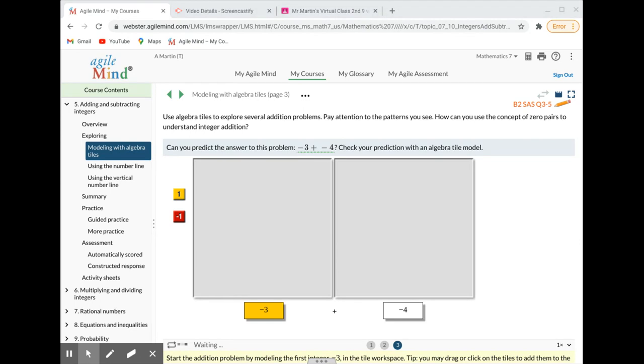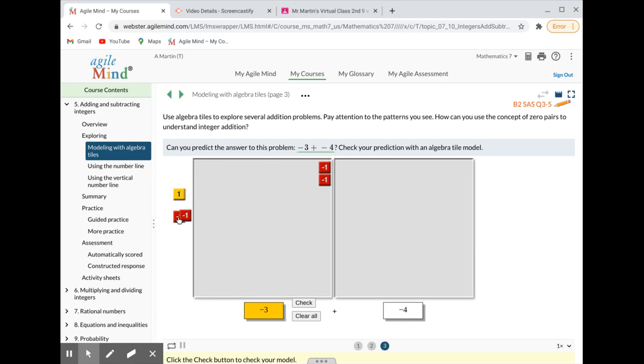Okay, so looking at the next one, Khalees, I want you to work us through this one. What would we do first, Khalees? You put 3 of the negative ones and 4 of the negative ones too. All right. And what do I do with them?